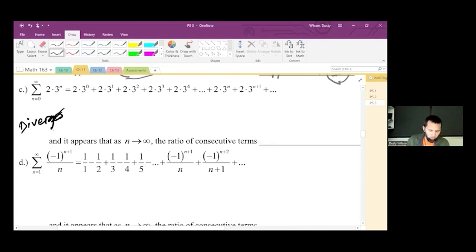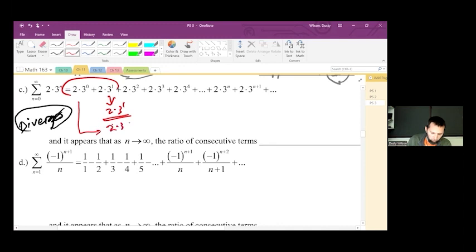But we're talking about divergence, but specifically we're talking about ratios here. So let's not miss our plan. If we look at those first two terms and we divide the second term, 2 times 3 to the first, divided by 2 times 3 to the 0th, everything cancels except for a factor of 3.